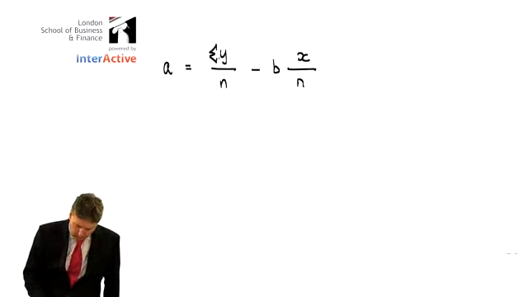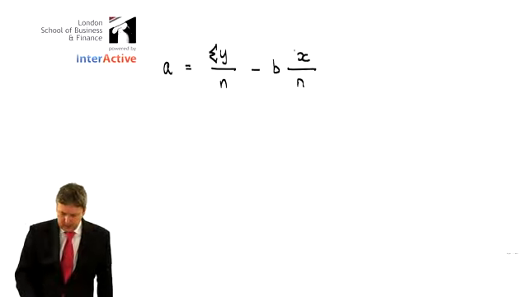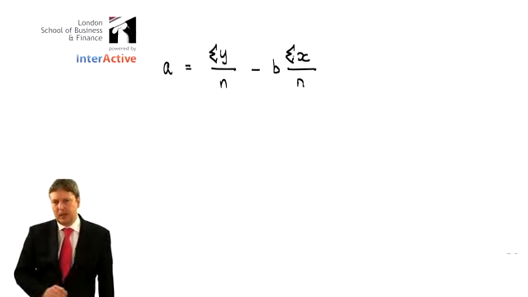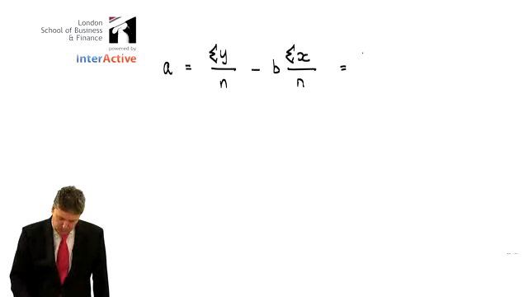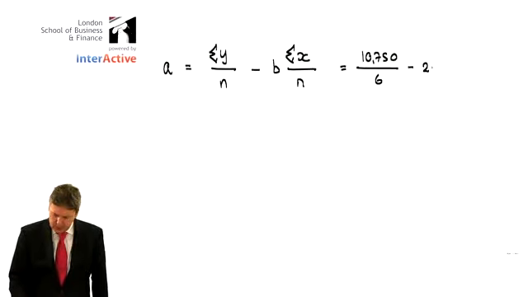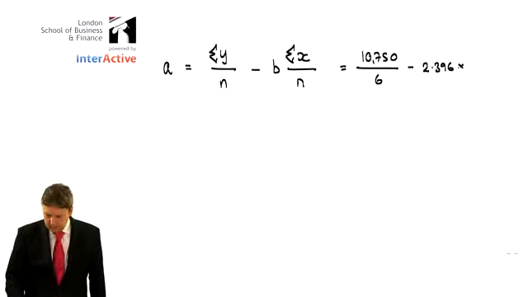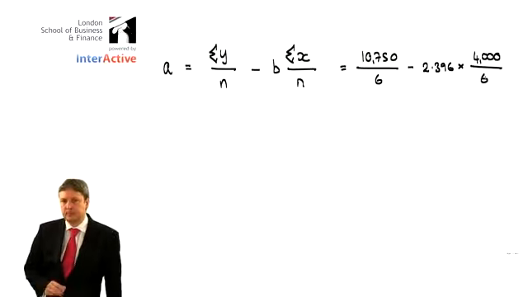The sum of Y divided by N minus B, the sum of X divided by N. If that's the case, we simply drop the numbers straight in. The sum of Y was 10,750 divided by N, 6, minus, didn't we say 2.396 was the value for B? Multiplied by the sum of X, 4,000, divided by 6.